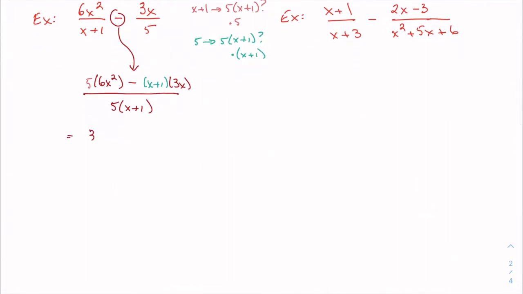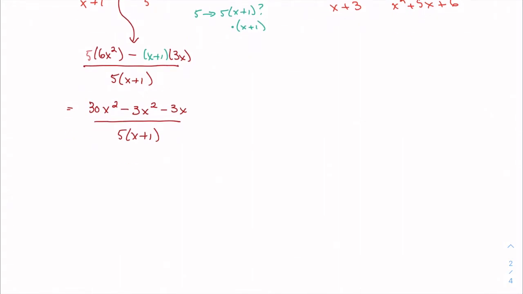Let's simplify some things. I have 30x squared minus 3x squared minus 3x, being really careful with that negative, over 5 times x plus 1. Can I simplify this at all? Well, let's find out. I can take a 3x out of the top, right? So I'm left with a 10x. No. Hold on. I can combine this.